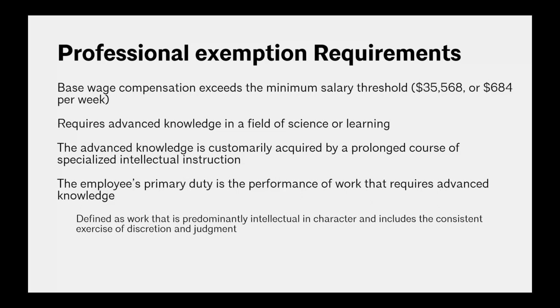After all, they've got a Bachelor of Architecture or a Master of Architecture degree, and that is coming through their prolonged course of education. And their primary duty, although they may be doing a lot of Revit work most of the time, is predicated on that education. So you'd say, oh, well, based on these definitions, we're still pretty good, right? So the first criteria, next, please.